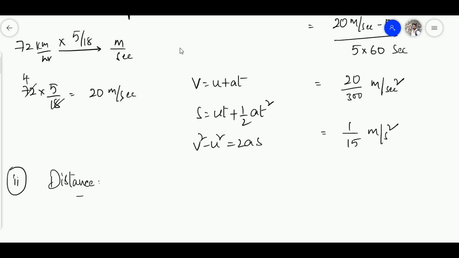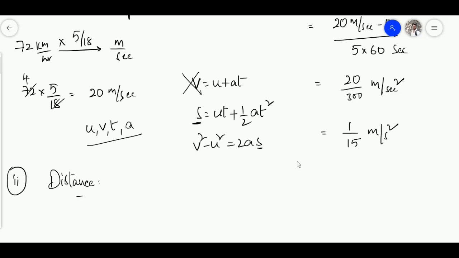I need the distance to be found, but we have the data of u, v and t, and now we found acceleration a also. We don't have any distance term in the first formula, so we are not going to use it. We have distance in these 2 equations.